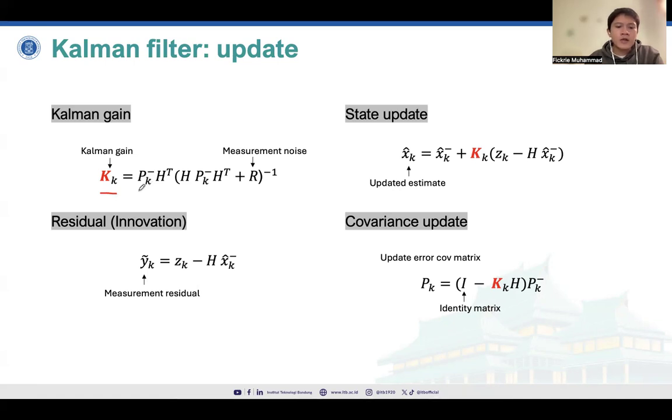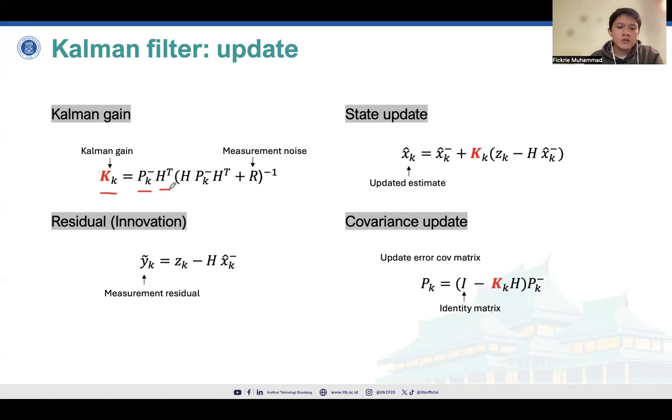Then of course we have the previous covariance matrix, or the predicted covariance, that represents the uncertainty of state estimates before we incorporate the current measurements. And we have the transpose of the observation matrix, which basically maps the state vector into the measurement space.